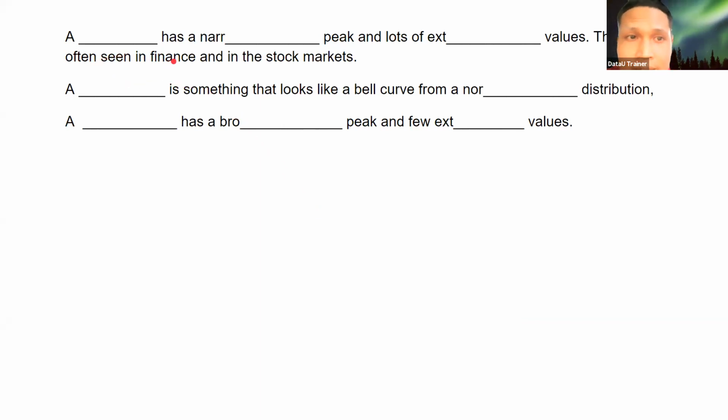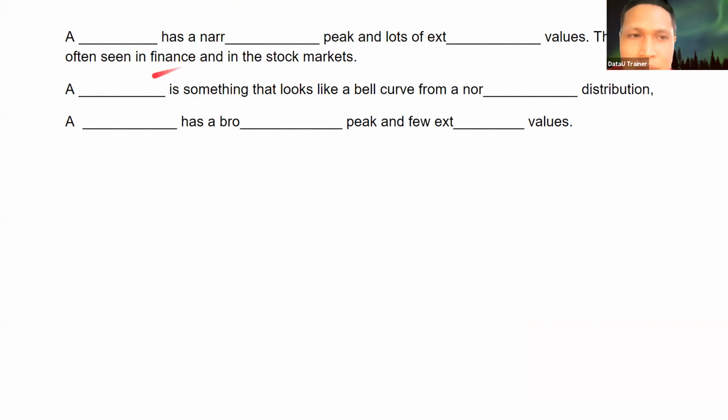A something has a narrow peak and lots of extreme values. This is often seen in finance and in the stock markets. So there's a type of kurtosis, a name for it, that has narrow peaks and lots of extreme values, which could be outliers. Let's try this one.